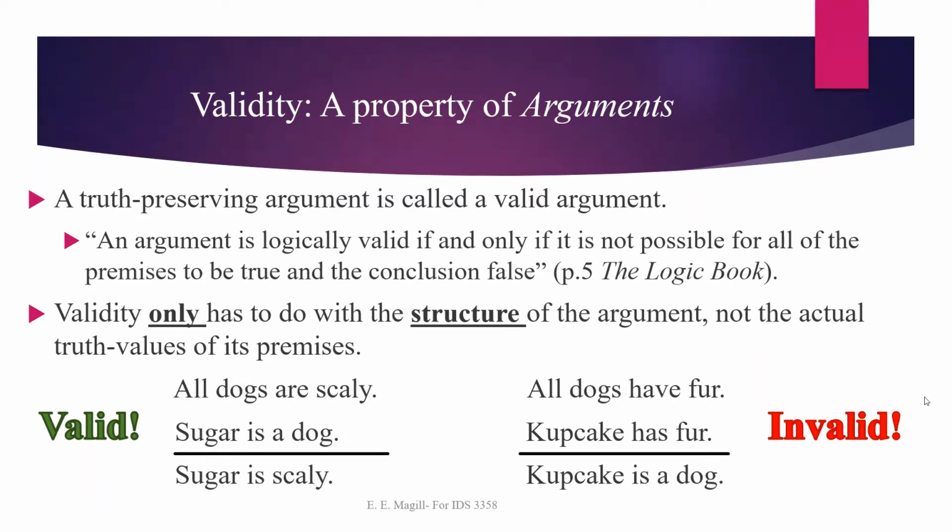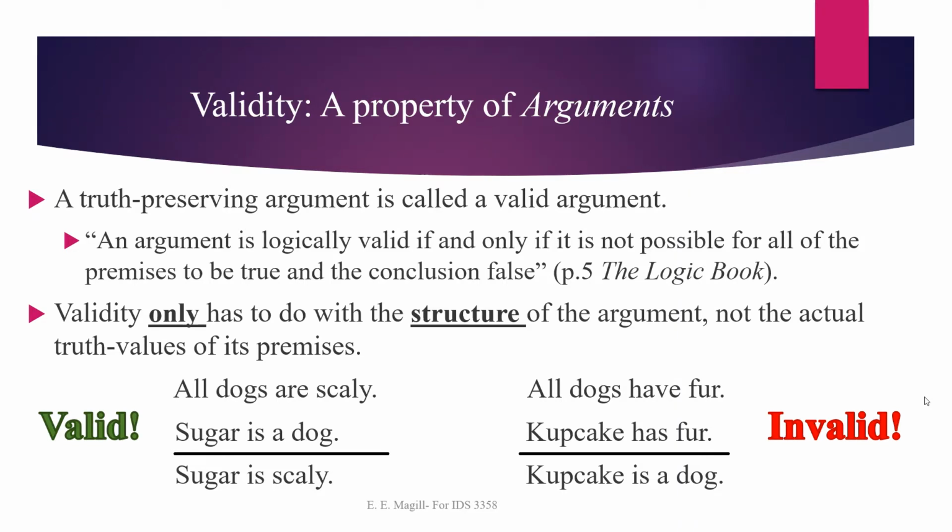So even though in this case, both of the premises and the conclusion are actually true, it's still an invalid argument because we're only looking at the structure and whether it necessitates the truth of the conclusion, not the actual truth value of the statements involved. So even though this has true premises and it actually has a true conclusion, it's still a bad argument.